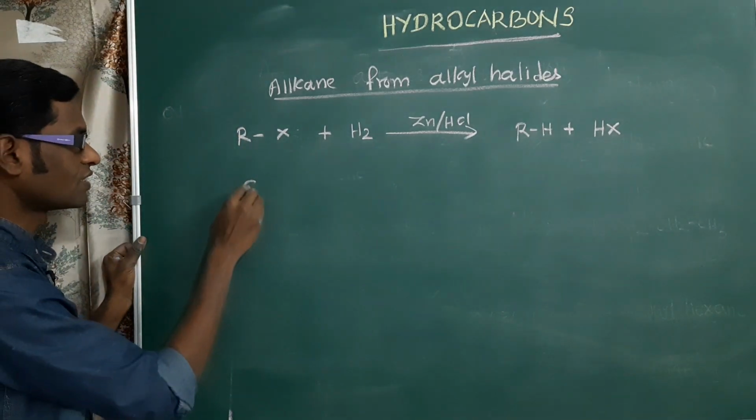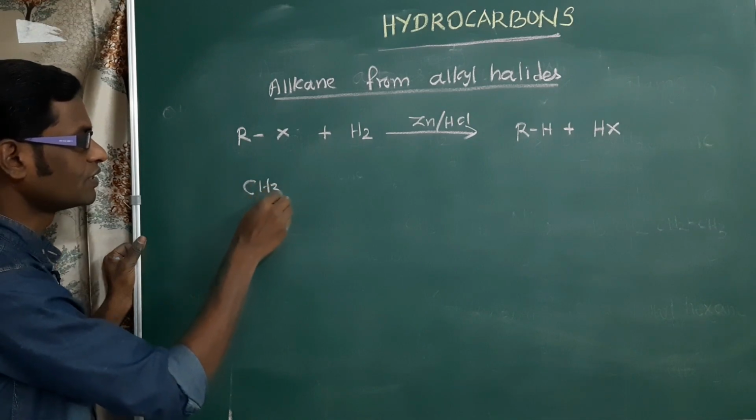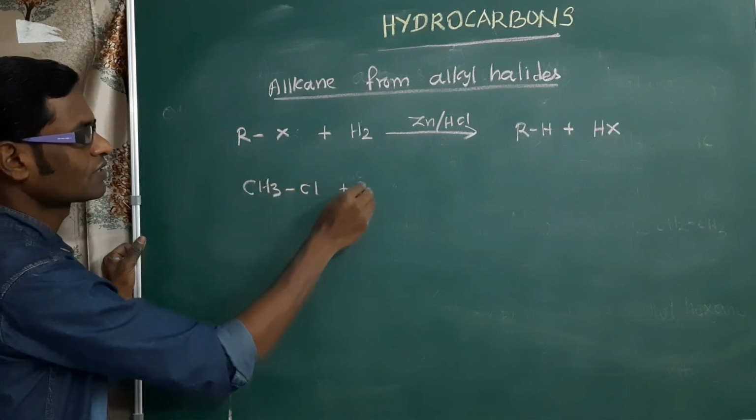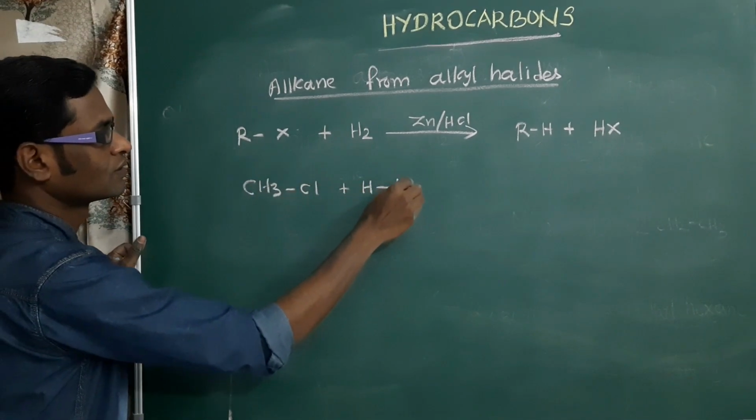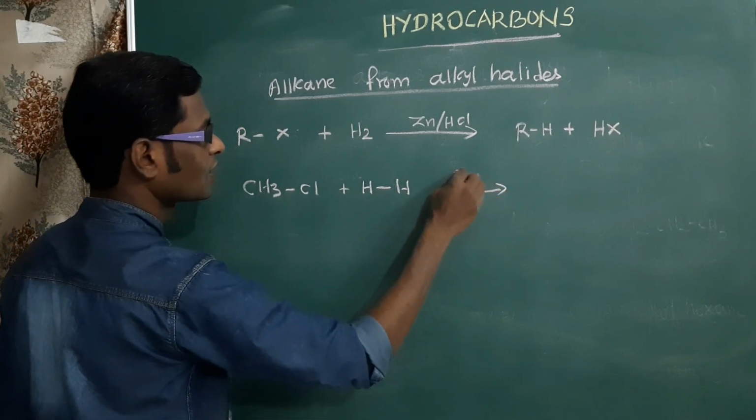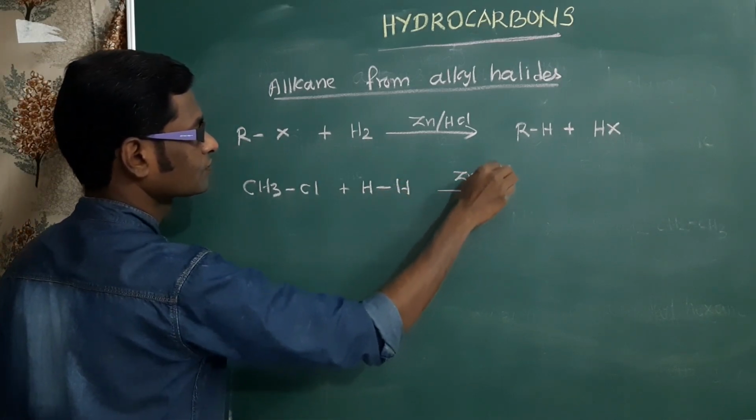In a specific example, chloromethane reacts with hydrogen in the presence of zinc and hydrochloric acid.